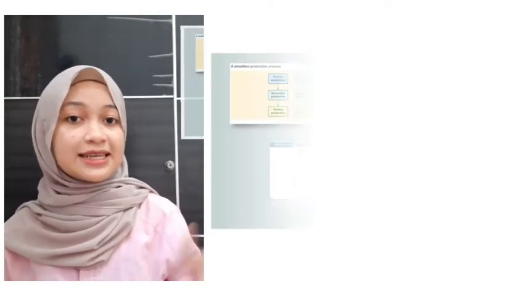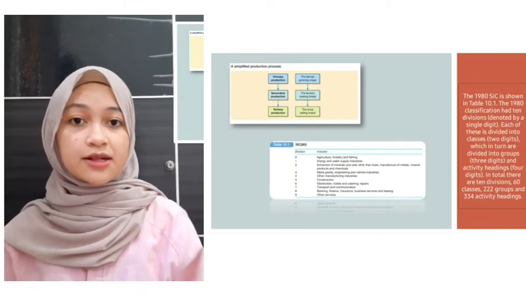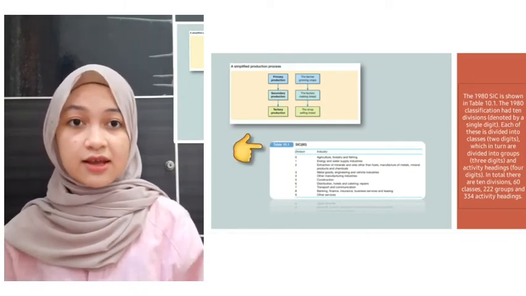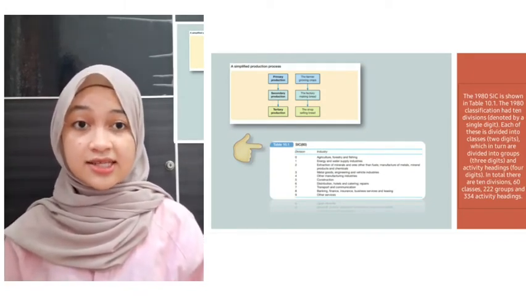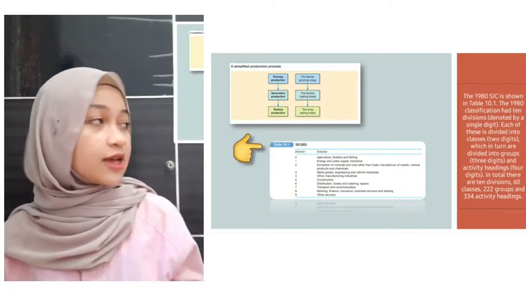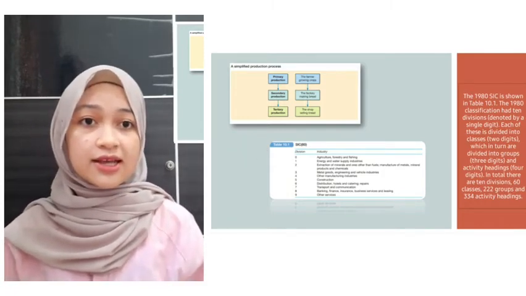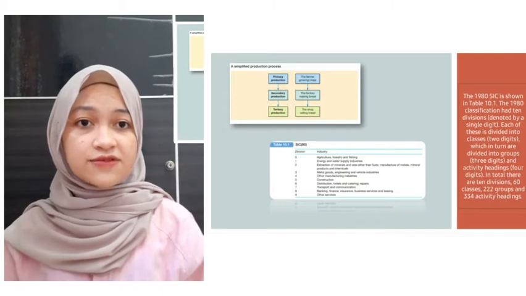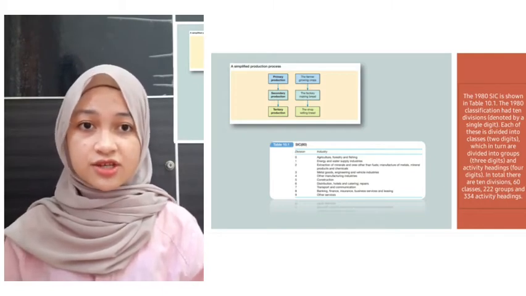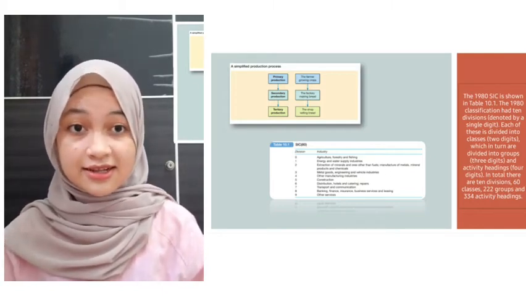So everyone, this is the picture of Table 10.1. The 1980 SIC is shown in Table 10.1. The 1980 classification had 10 divisions denoted by a single digit.